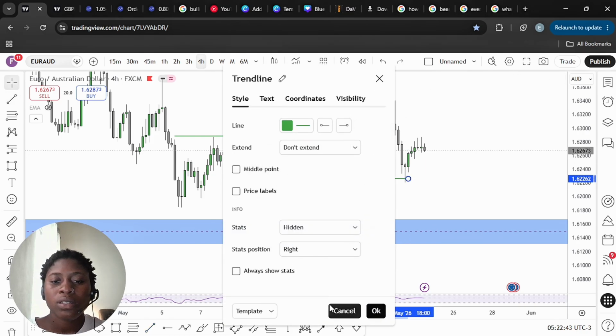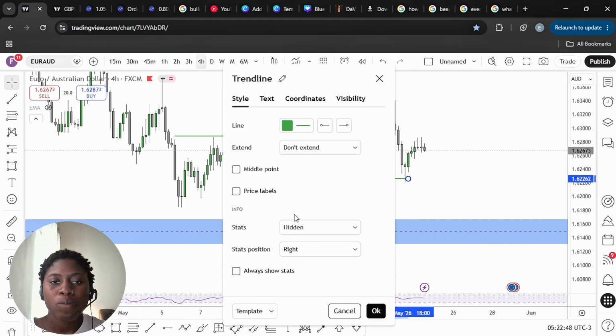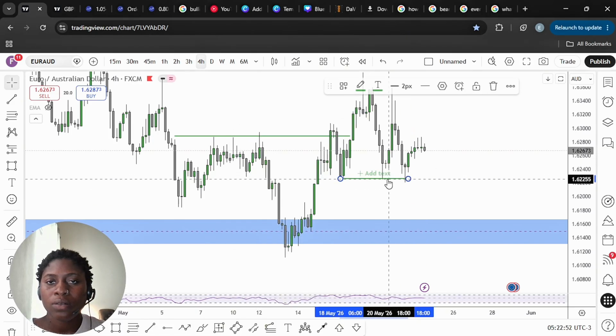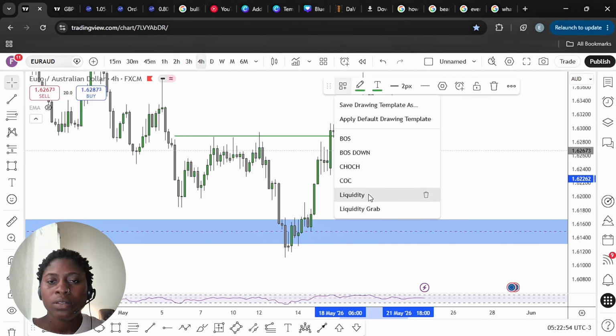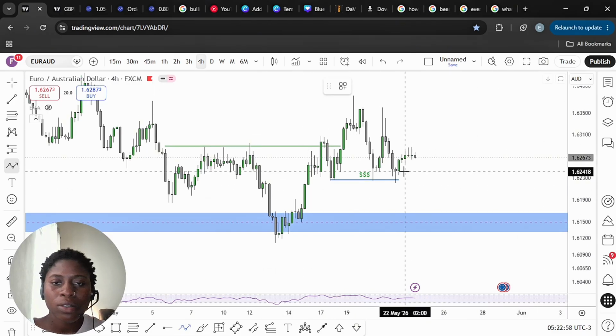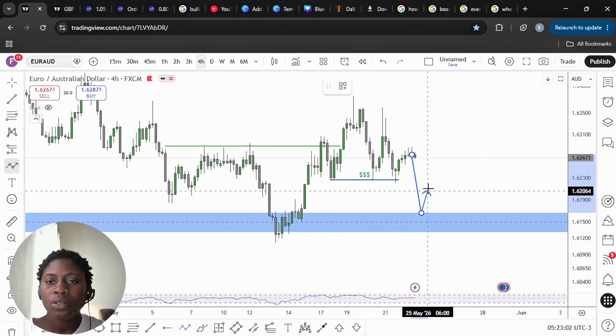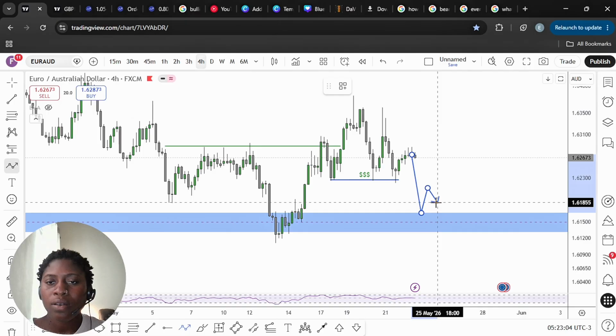So this is liquidity, right? Sorry. This is liquidity. So I expect price to come all the way here, show me a break of character.